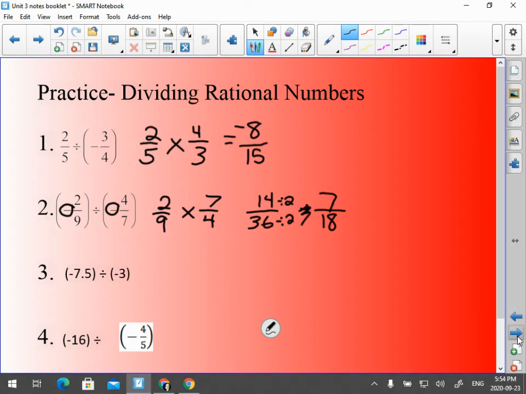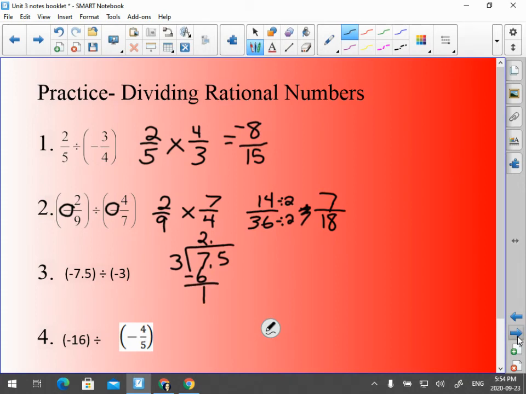Okay, the next one is a decimals question. I'm not sure if you remember how to divide decimals. We don't have to line up decimals to begin with, but you should be able to do some of these skills. You're just going to pretend the integers aren't there again. 7.5 divided by 3. 3 goes into 7 twice, gives me 6. 7 minus 6 is 1.